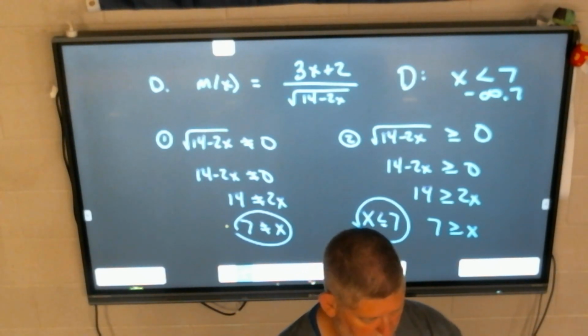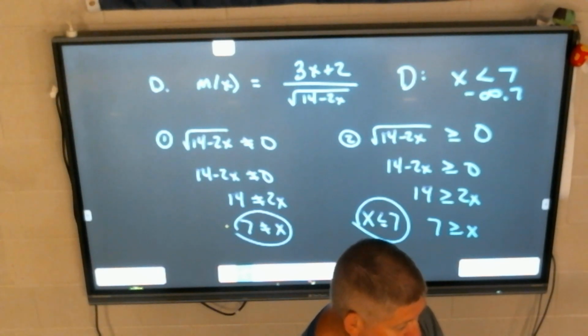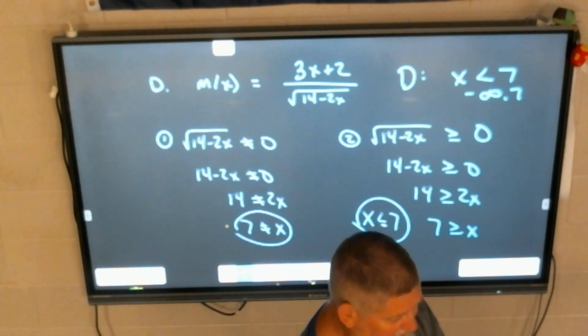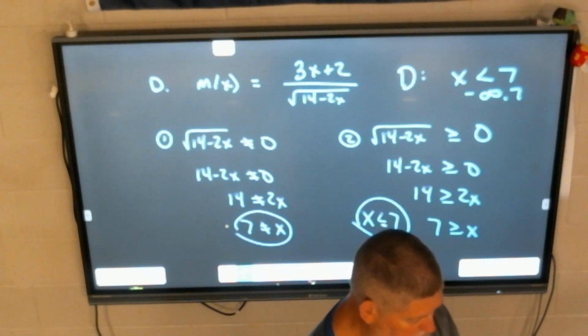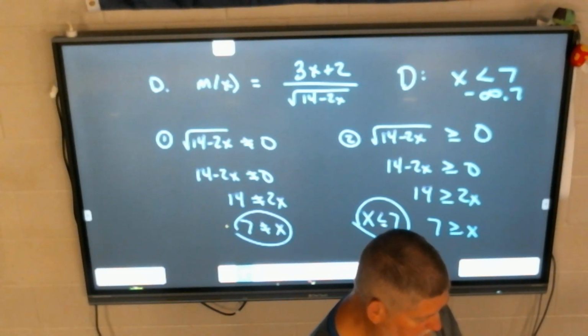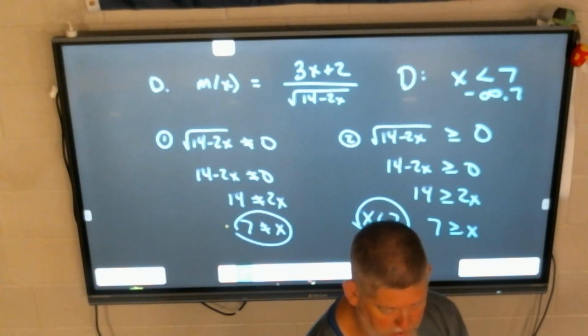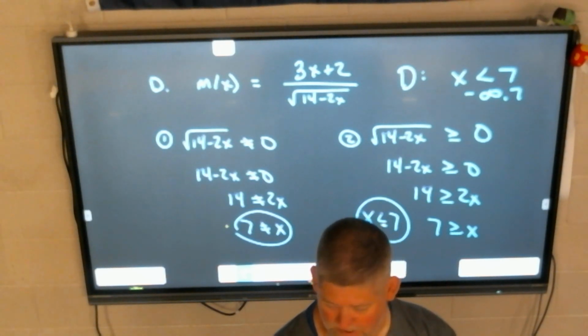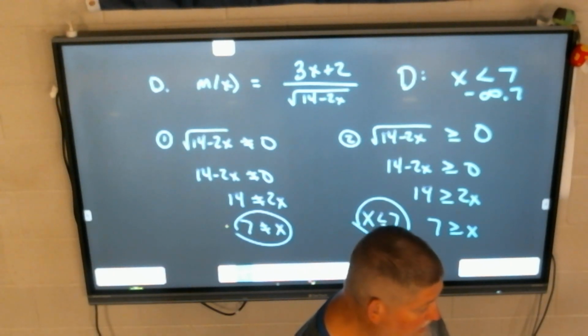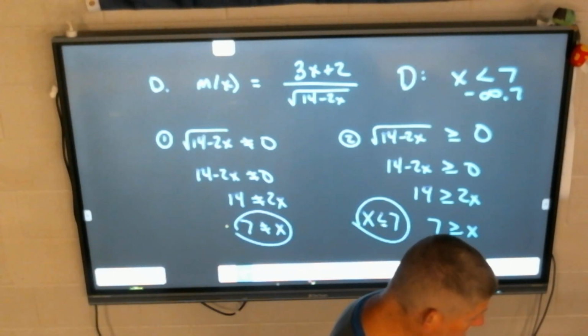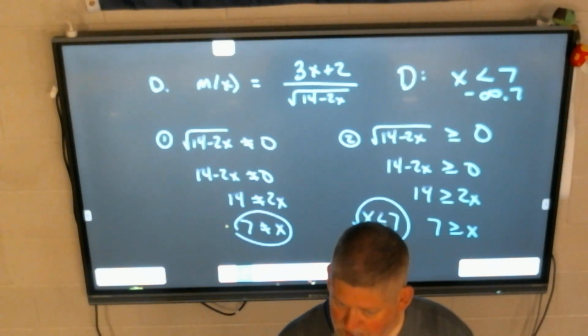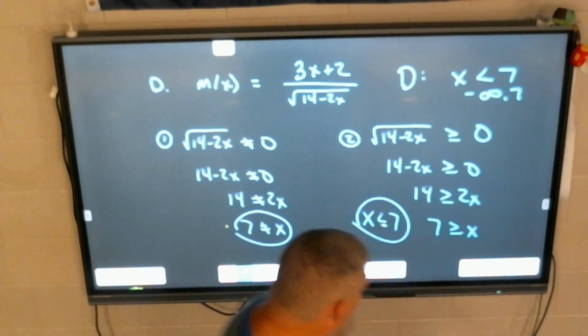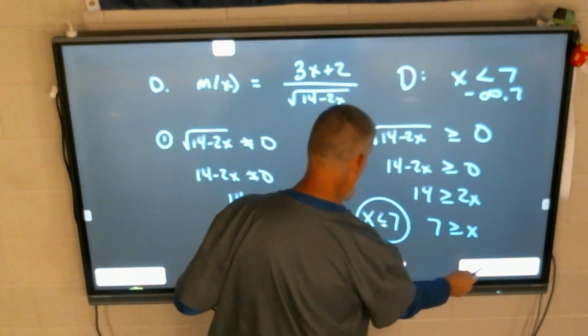What part of the function cannot be 0? With the rational function, go back to part B. What did I set? Can't be equal to 0. The denominator cannot be 0. Okay, let's go back to this particular equation.